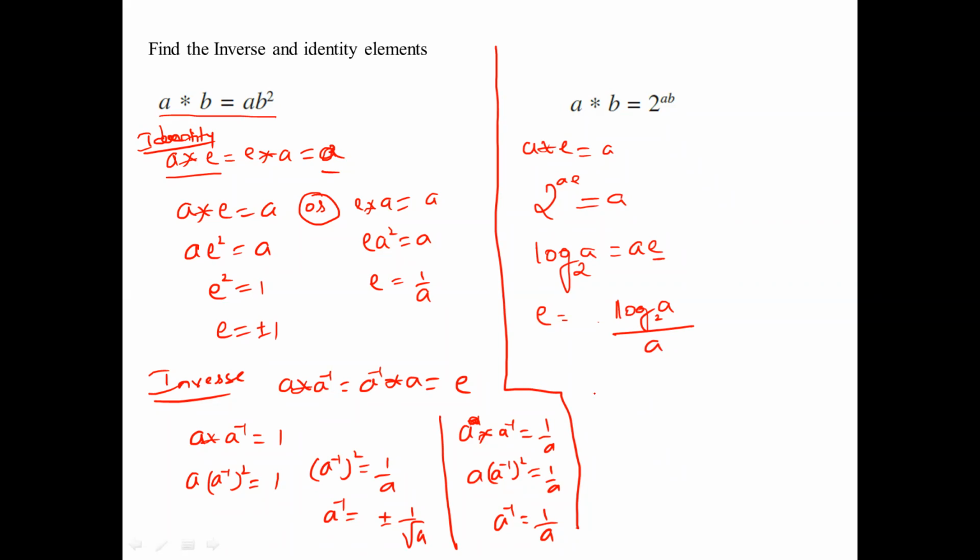So what about the inverse? A star A inverse equals E. What does A star A inverse mean? 2 to the power A inverse. What is the E value? Log base 2 of A divided by A. Now again I have to take the log. What will happen?